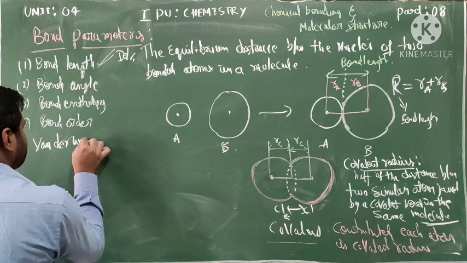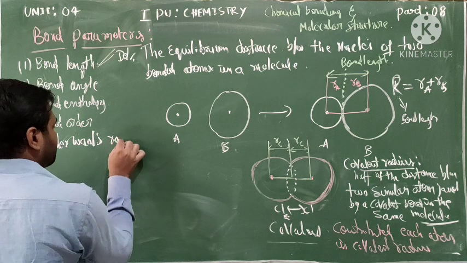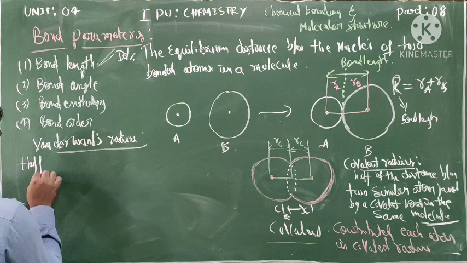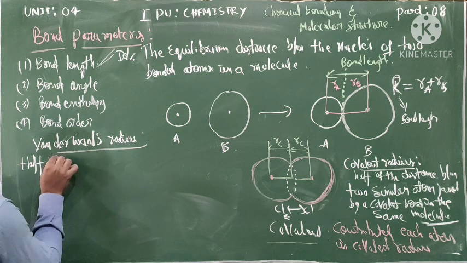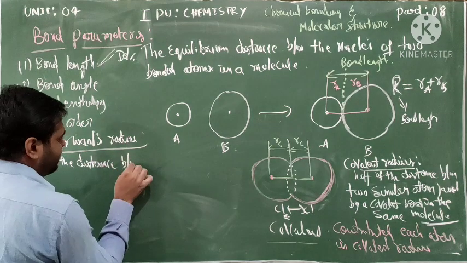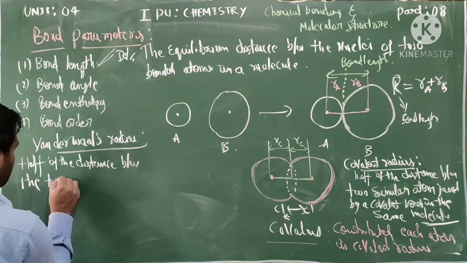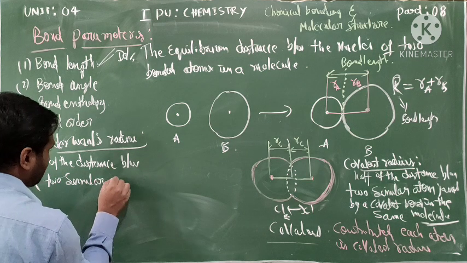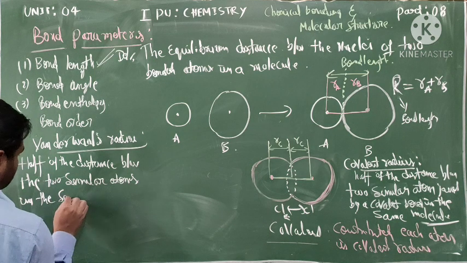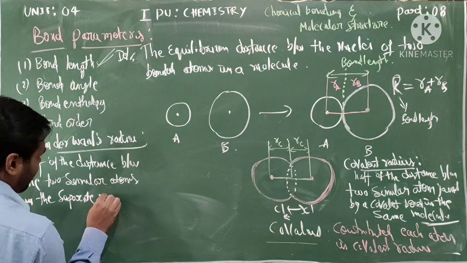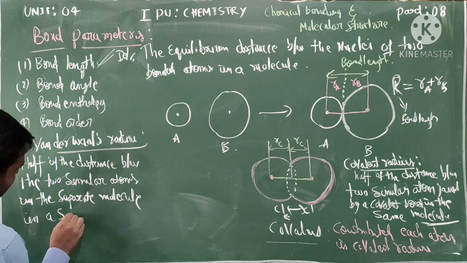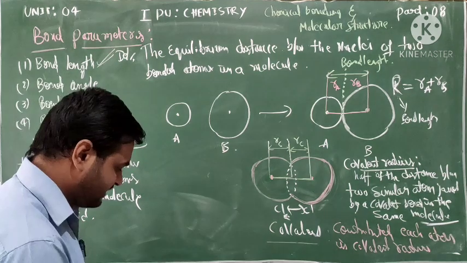Van der Waals radius is half of the distance between two similar atoms in separate molecules in a solid. Let me take one example.